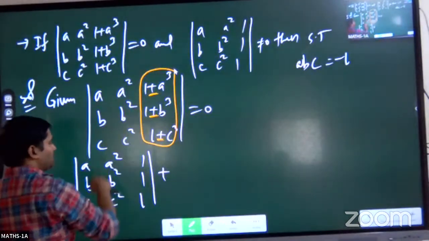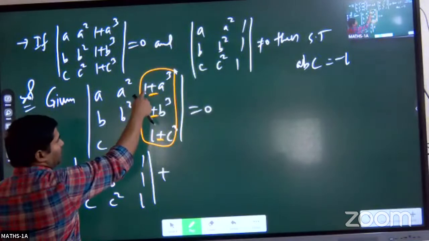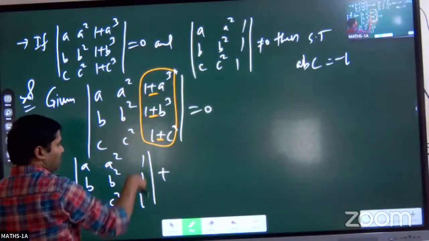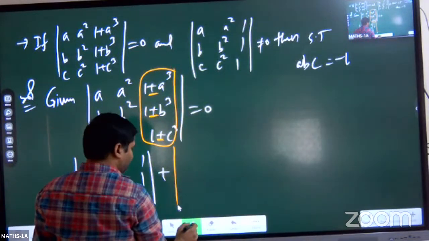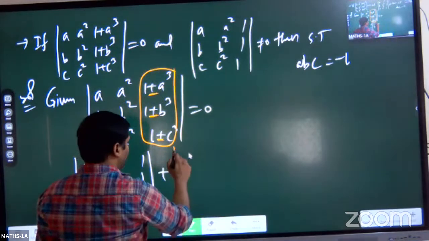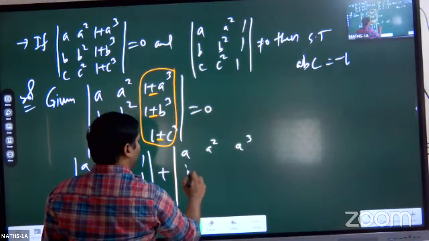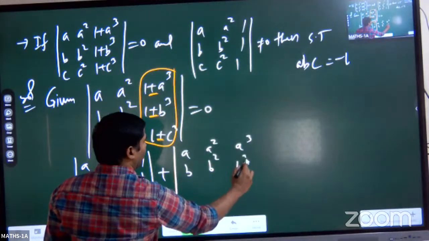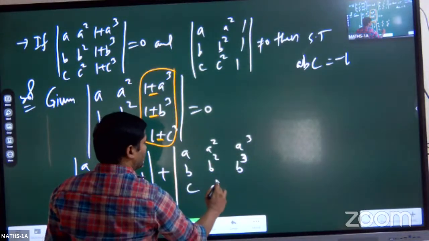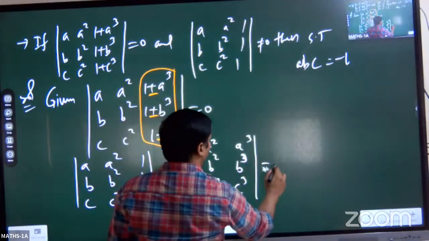And remaining two columns as it is, you will write. And in third column, you are going to write it as 1, 1, 1, plus again, it is A square, A cube, B square, B cube, right? C square, C cube, that equal to 0.